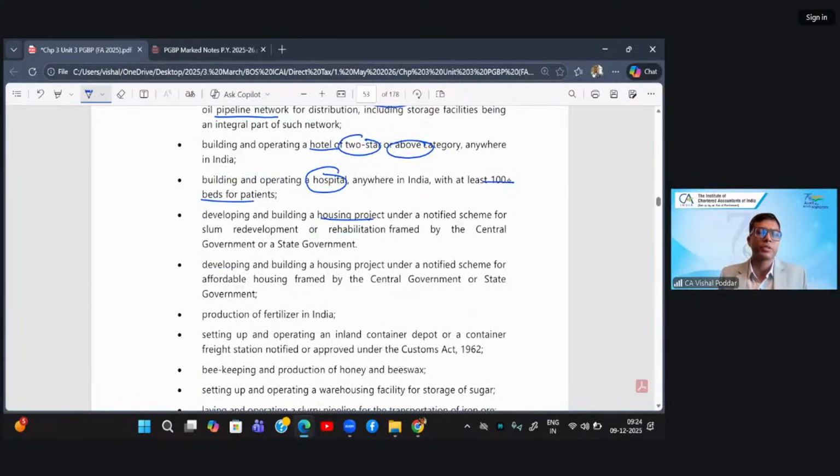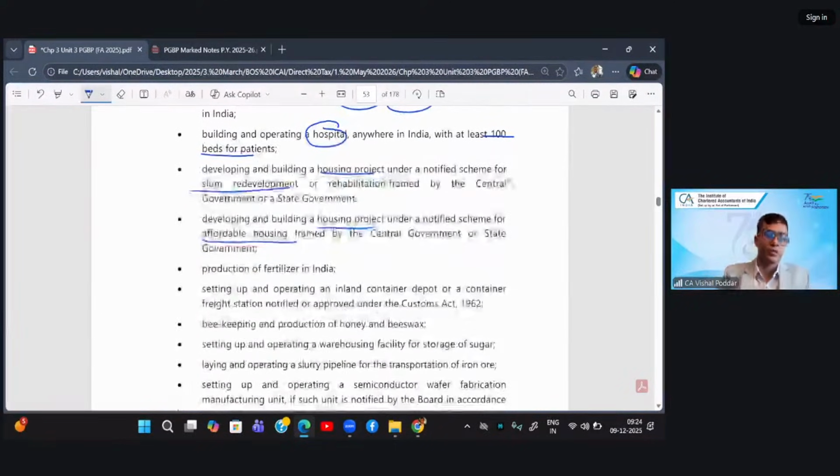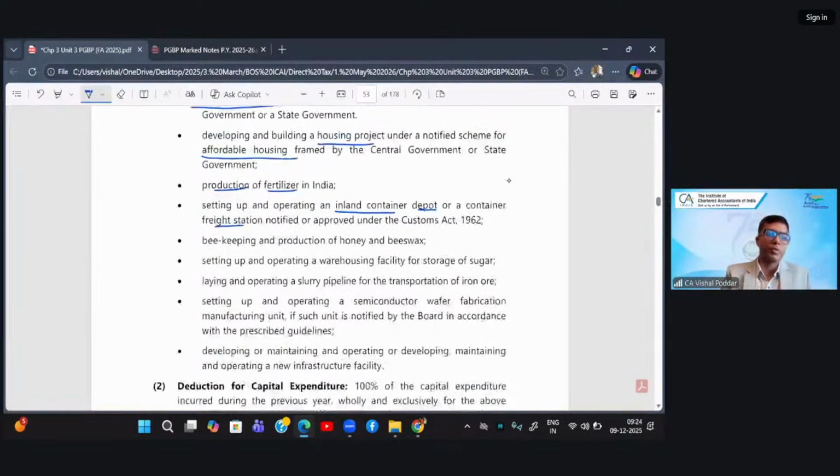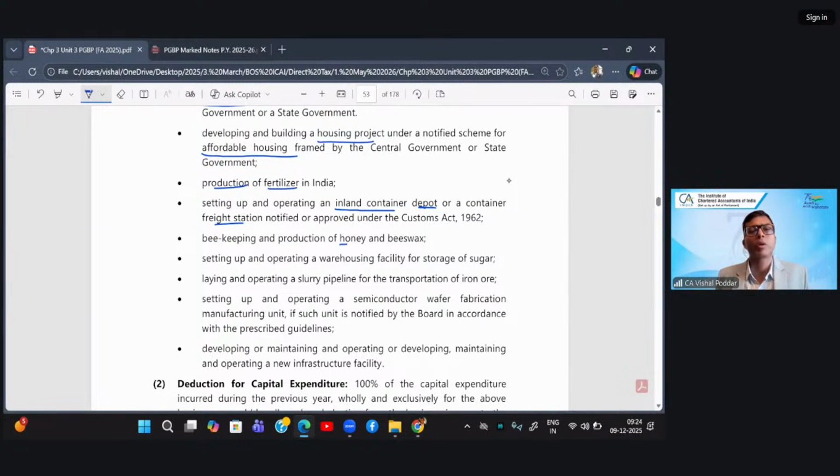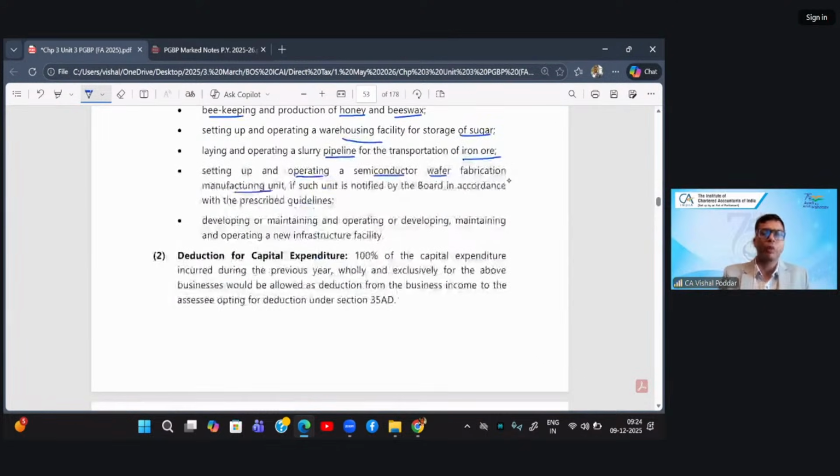You are in housing projects relating to slum redevelopment, or housing projects under the affordable housing scheme of government, or you are engaged in manufacture of fertilizer, or operating an inland container depot or container freight station relating to import export, or you are in production of honey or wax through beekeeping, or you have a warehouse for sugar, or a pipeline for transporting iron ore, or you are operating a semiconductor wafer manufacturing unit, or you are developing, maintaining, operating any new infrastructure facility. So these are the specified businesses.